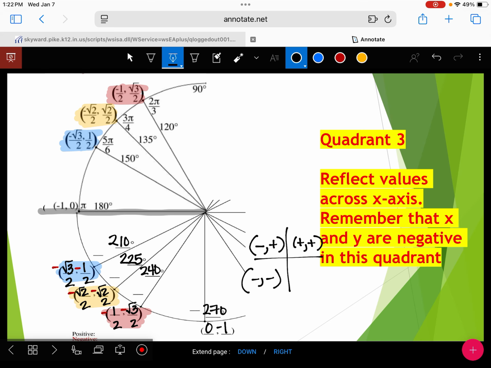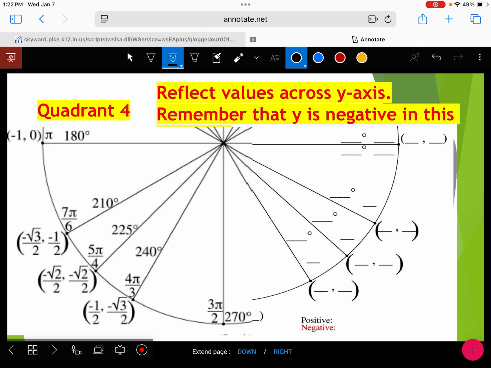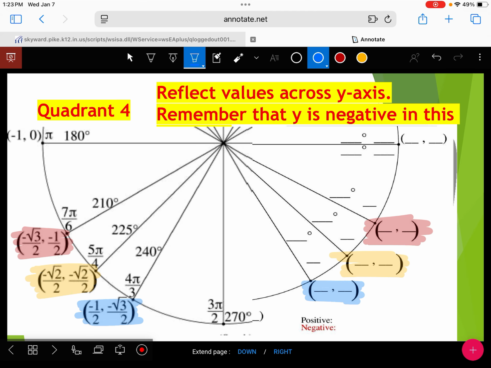We only have one more quadrant to fill out. Quadrant 4. So again, I'm going to highlight. If this is pink for me, then this is pink. If this is yellow, this is yellow. And if this is blue, this is blue.